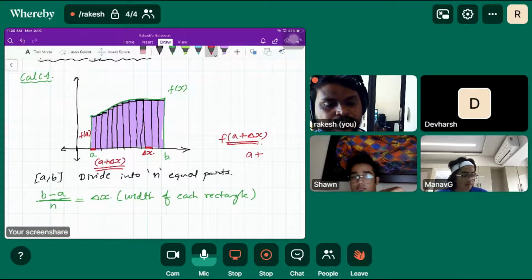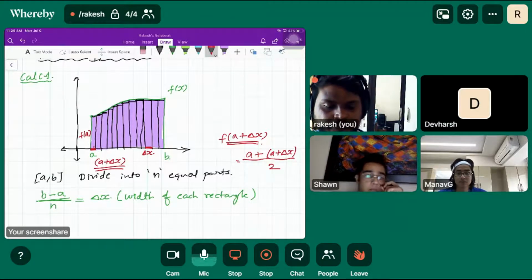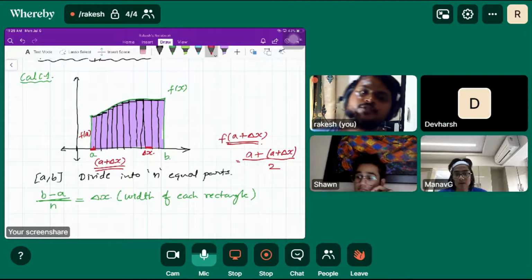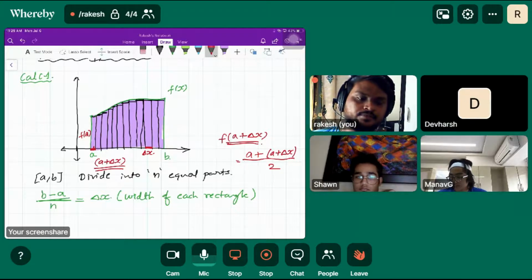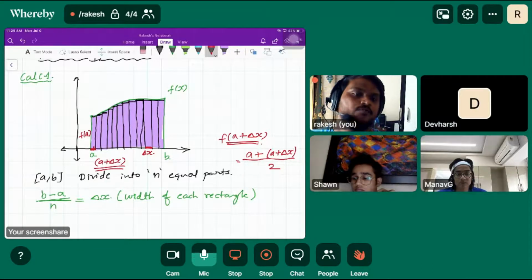What is the midpoint? It is A plus delta x by 2, the middle value, right? That will also give you the same height. So basically we can actually work out these points: the left end point, the right end point, and the middle value.